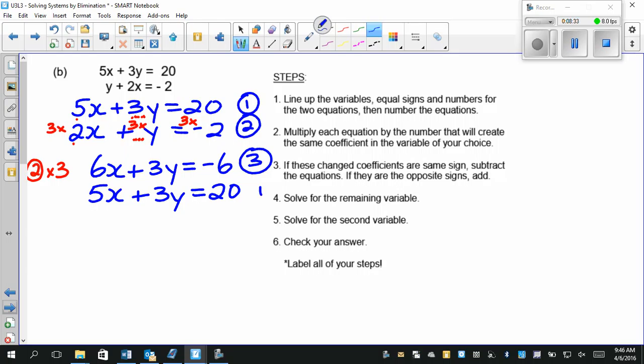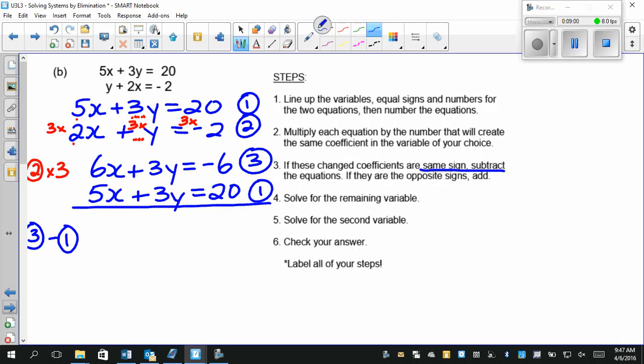So now that I have the same number in front of the y's in both cases there, and the same sign, I have to subtract the equations to eliminate the variable. So once I get that same number, I'm going to put a line underneath because I'm going to add or subtract here. In this case, I'm going to do equation 3 subtract equation 1.